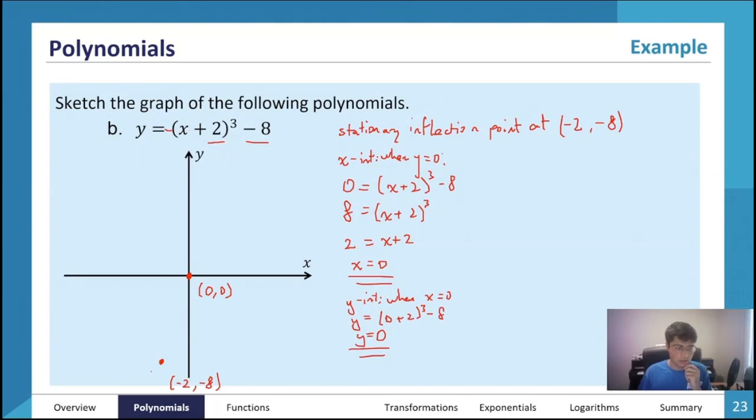And since we only have one inflection point, one turning point, and that is itself a stationary inflection point, it's going to have this kind of form. This is a bit hard to draw, but it's going to go through there, it's going to go through the origin there, and then it's just going to keep continuing up to infinity. It's going to look something like that.